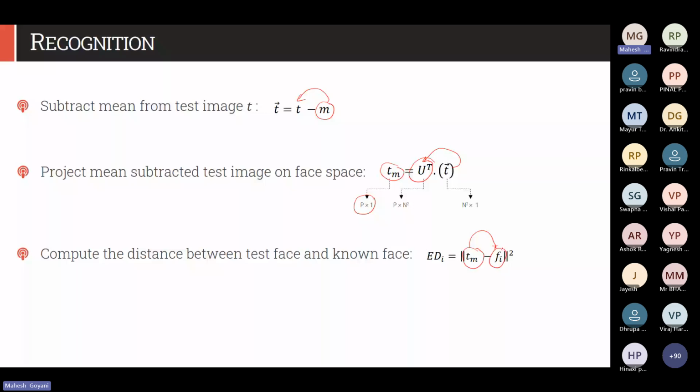So if you remember, earlier we had this kind of diagram. All images were 300 by 300, and we were doing 90,000 comparisons, right? And we had one test image. So now instead of comparing 300 by 300 pixels, we just have to compare some 10 values. So this image will be represented by a 10-dimensional vector. This will become 10-dimensional. This will become 10-dimensional.